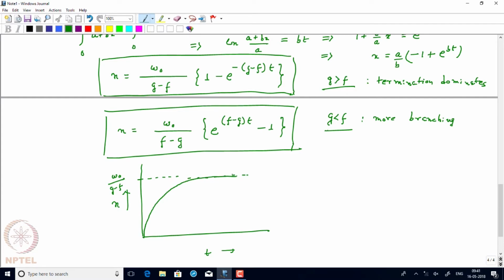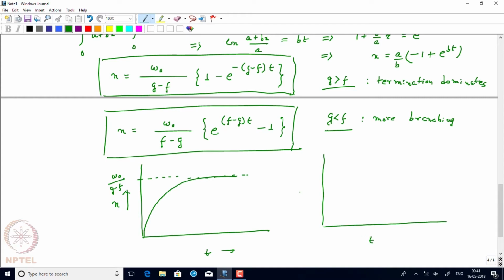For long times it is kind of saturating. This is happening because you are having the reaction, but with longer time the chain is basically terminating, because the g term is more than the f term, and the g term includes the termination step.